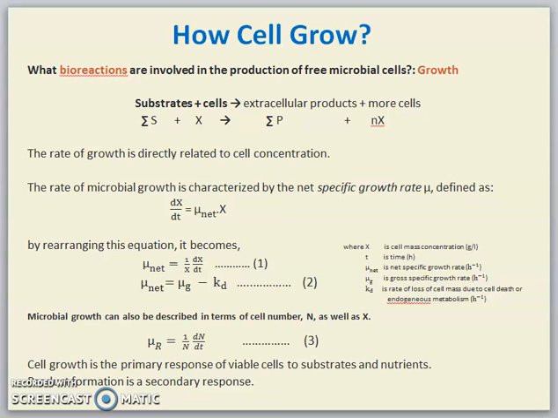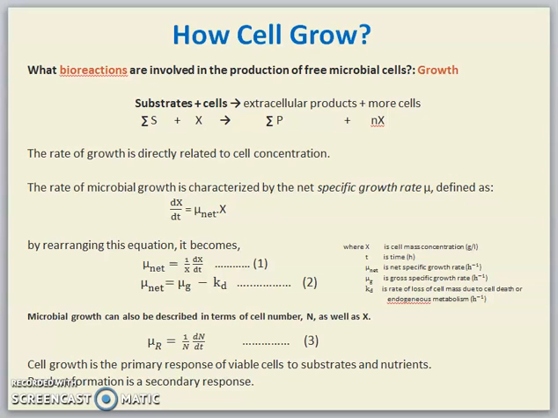The difference is only in the abbreviation used, X and N, so it will be (1/N)(dN/dt). But in most of the experimental work, we use X, the cell concentration, to identify the rate of microbial growth.